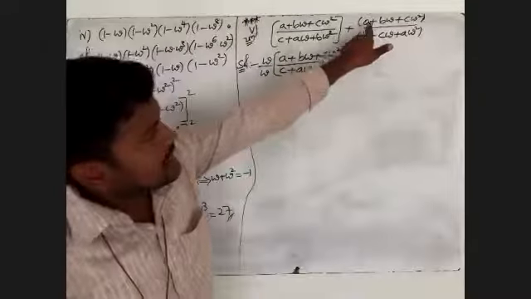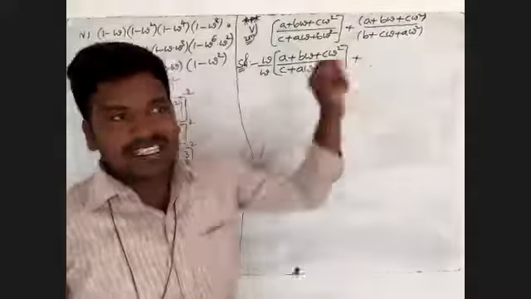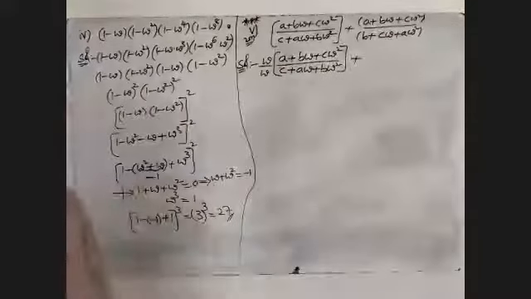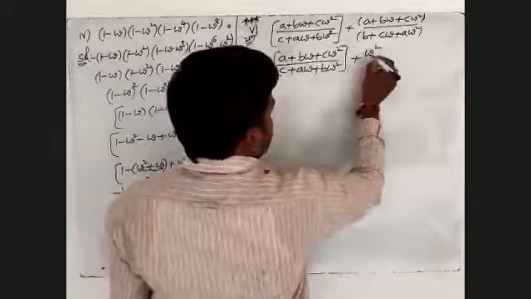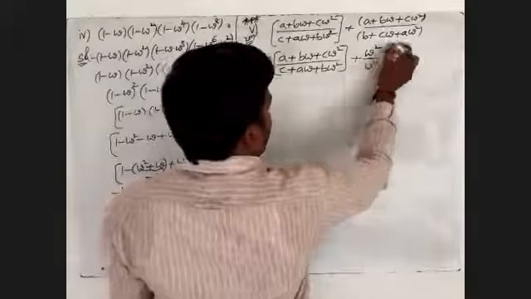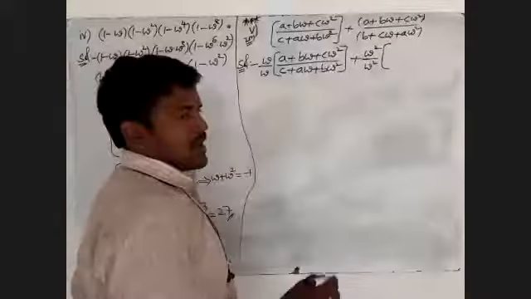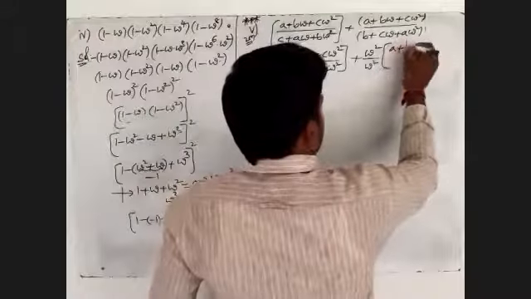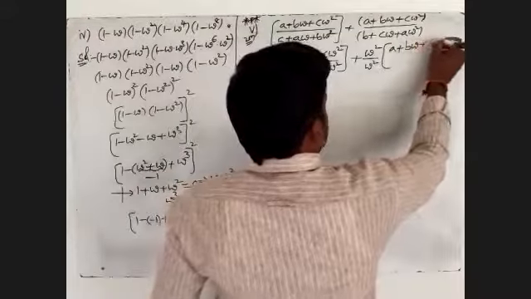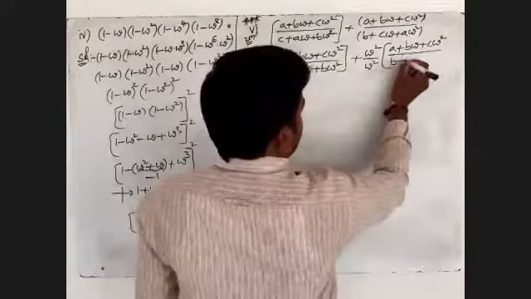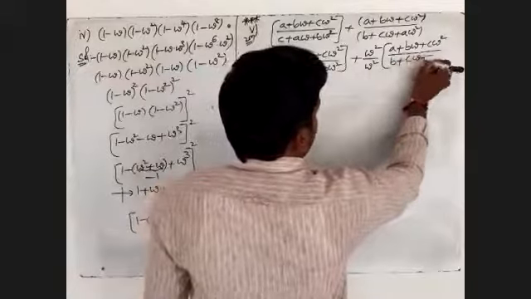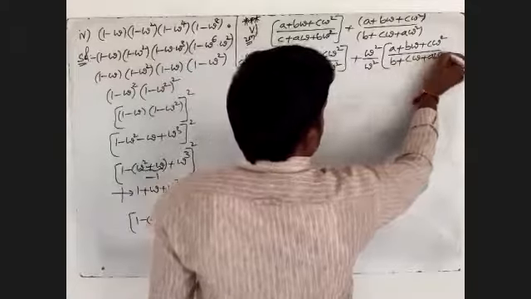Here the denominator has a omega square, so the numerator and denominator can be multiplied and divided by omega square. Omega square by omega square into, remaining we have to write a plus b omega plus c omega square by the denominator b plus c omega plus a omega square.